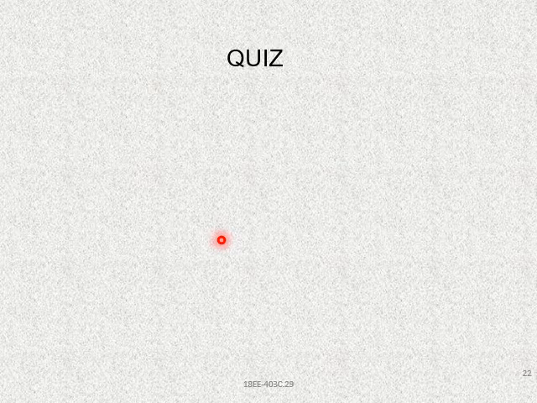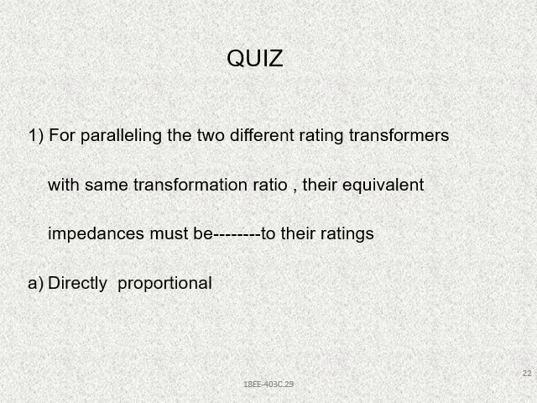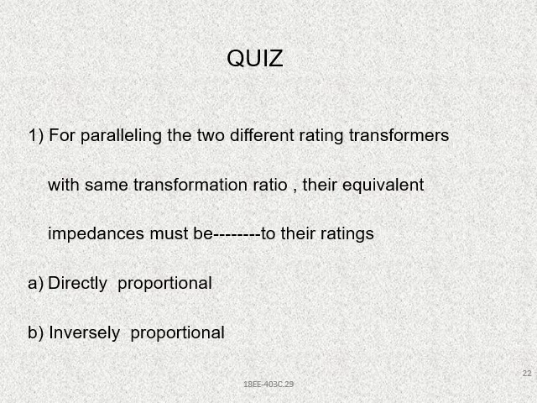Okay, so this is a small quiz being conducted. For paralleling two different rating transformers with the same transformation ratio, their equivalent impedances must be directly proportional to their rating or inversely proportional to their rating.